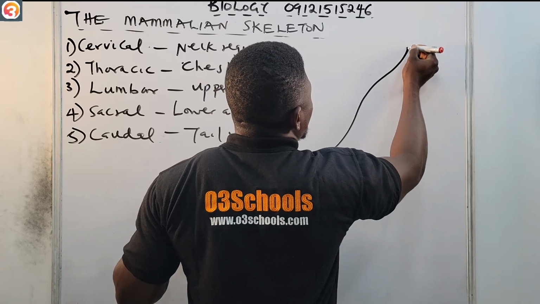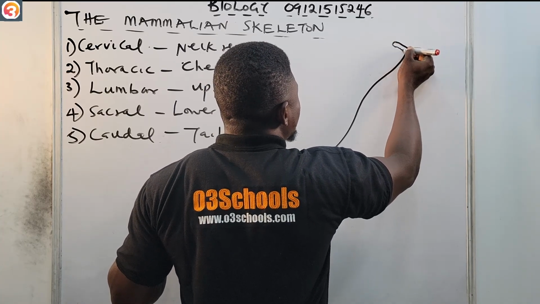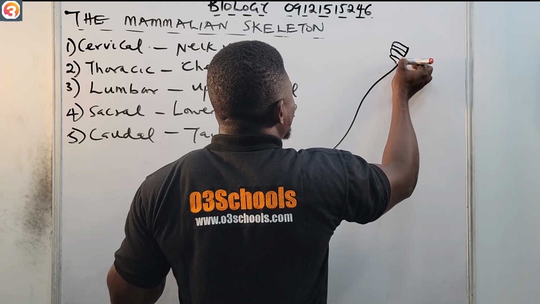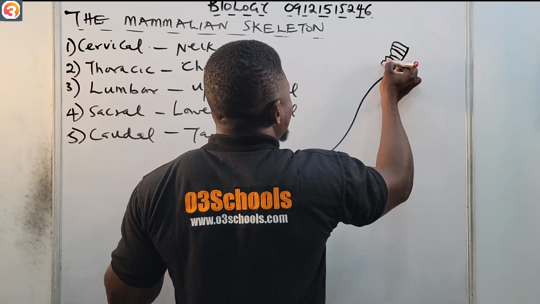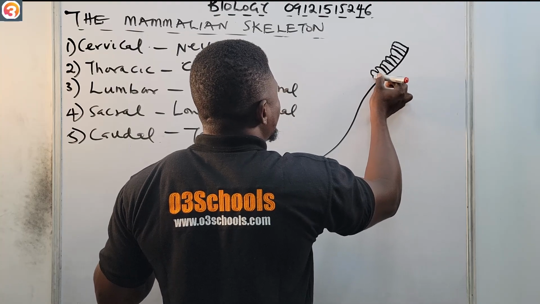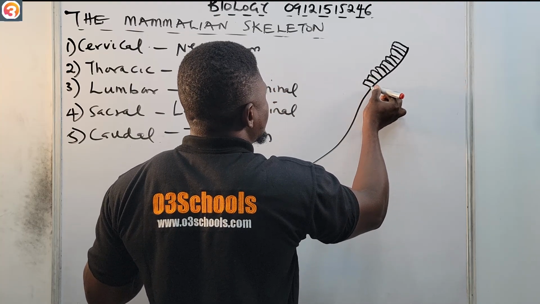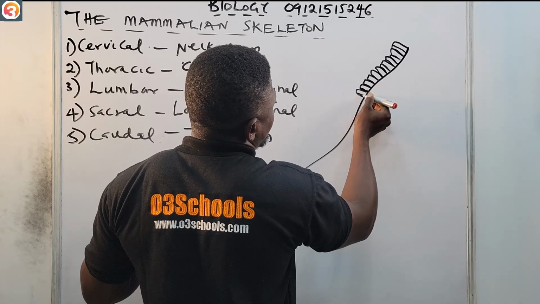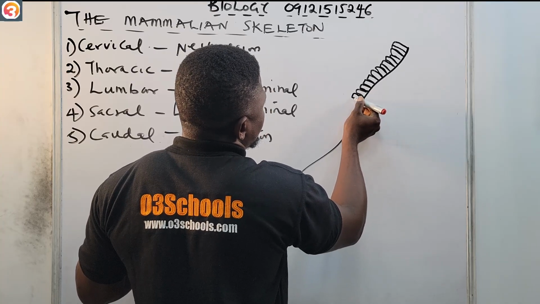Like we said, you have bones that are stacked upon each other. Please take note, do not mind my diagram. There are bones stacked upon each other like this. Then somewhere here, bones stacked upon each other, like this.